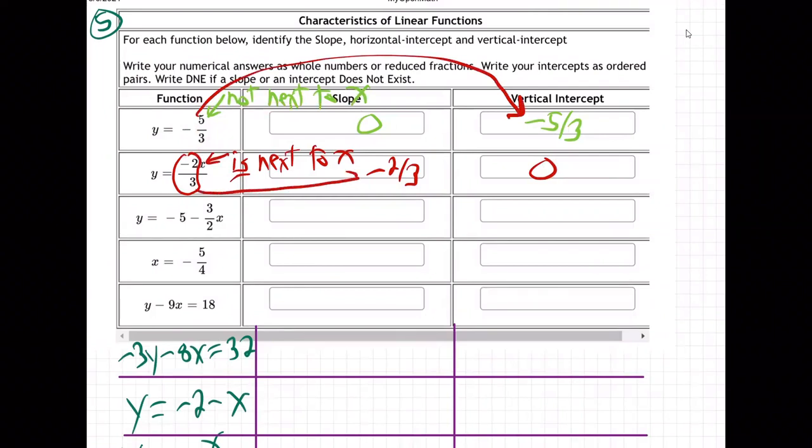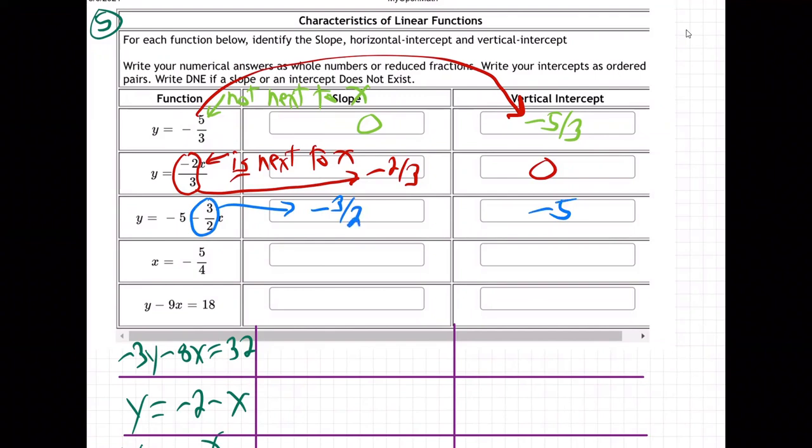Whereas this one is the slope because it is next to x. And the other number's missing, so there's 0. Good so far? Now, how about this one? Well, this one is a number next to x, so that's the slope. And the other number is the vertical intercept.